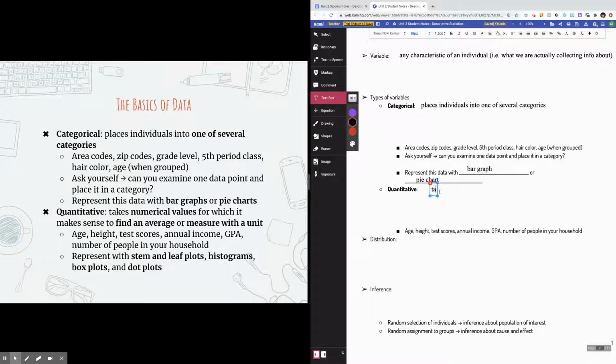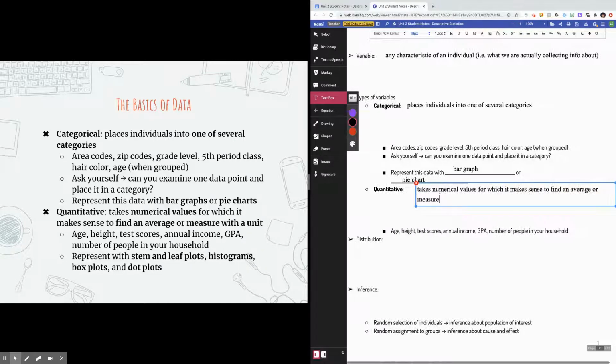Quantitative data takes numerical values for which it makes sense to find an average, or measure with a unit. That's the easiest way to pick out quantitative data.